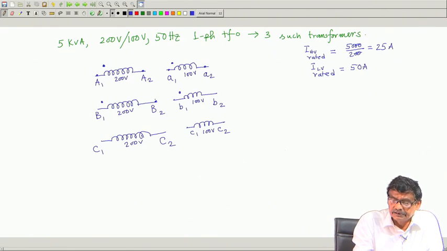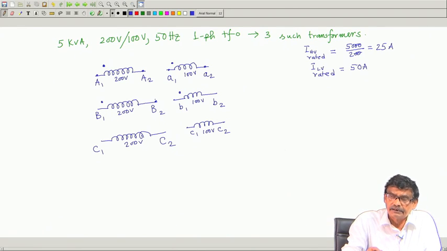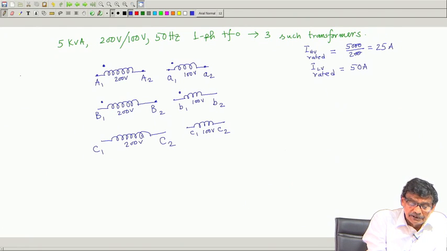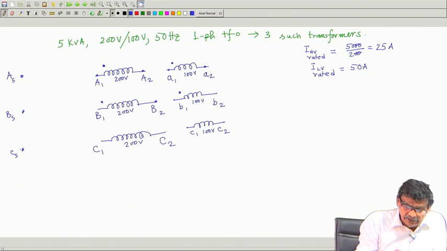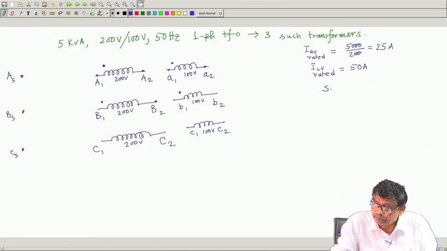Individually, I know these are individual transformers, but as I told you my supply is A, B and C, which is a 3-phase system.